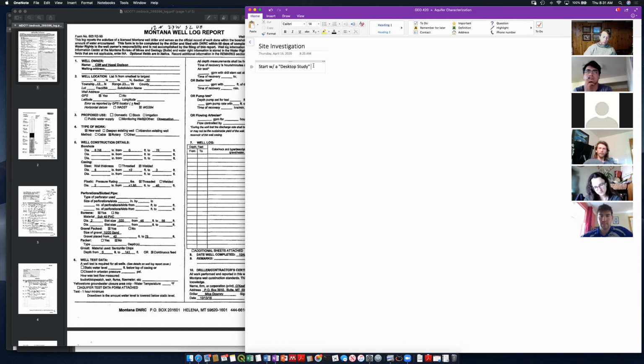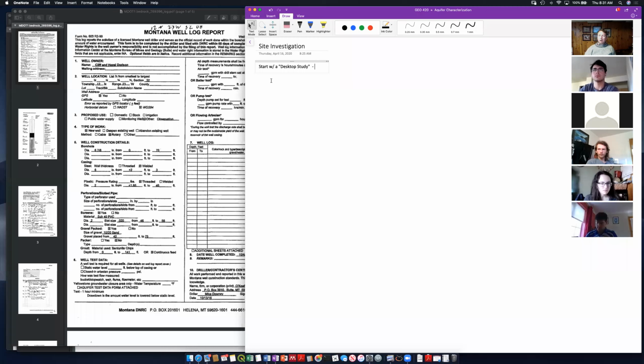All right, so as an example, I've done a bit of a desktop study for this area, and we've got two or three master's theses looking at the hydrogeology, not right here, but of the sort of 9-mile area of the Clark Fork Valley.